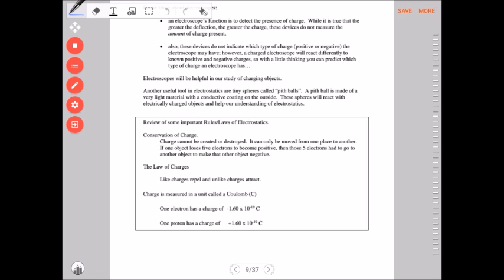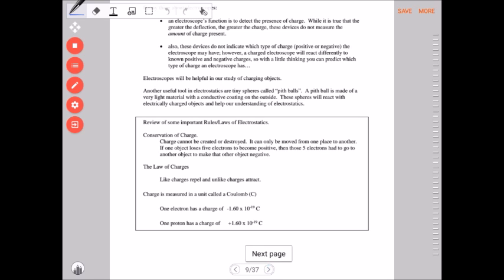Very, very tiny. It's important for you to understand that these things have exactly the same charge. So if they're in an atom, you have the same number of protons as you do electrons. So in an atom, you have an electrically neutral object. In an ion, on the other hand, you either have an excess of electrons or you have a deficit of electrons, and that's what makes an ion either positive or negative.